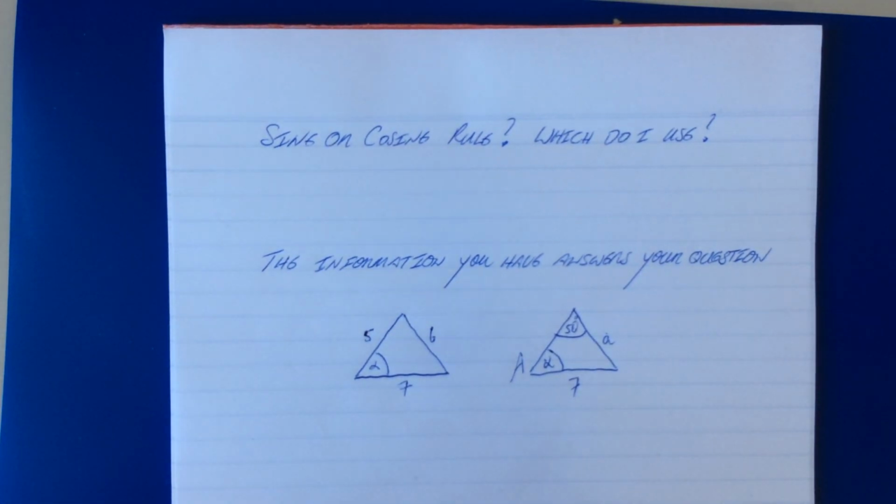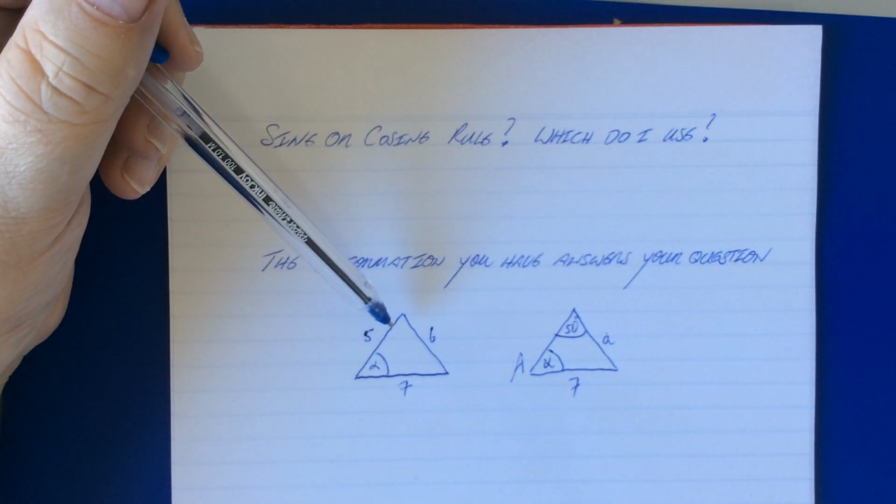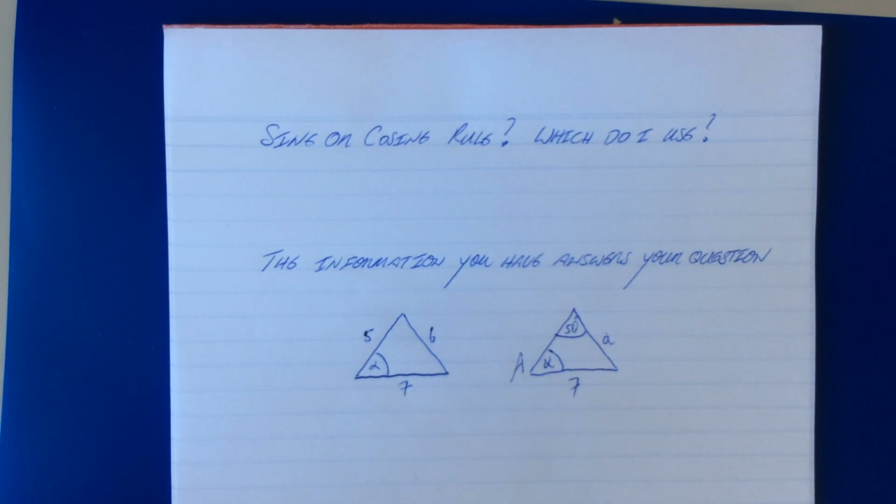So this is what I mean when I say the information that you have answers your question. What you should do is look at the question, draw the triangle if necessary, and as you do with any formula, ask yourself, what information do I have? What do I need to find?